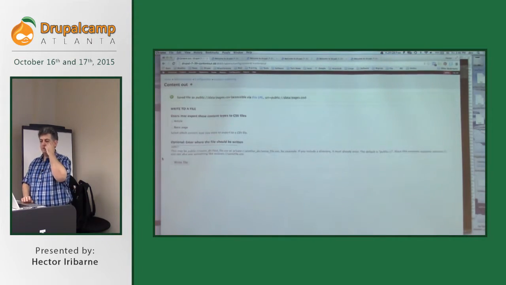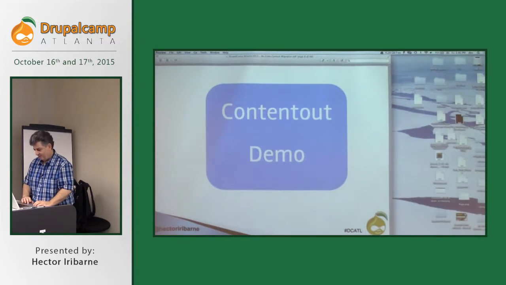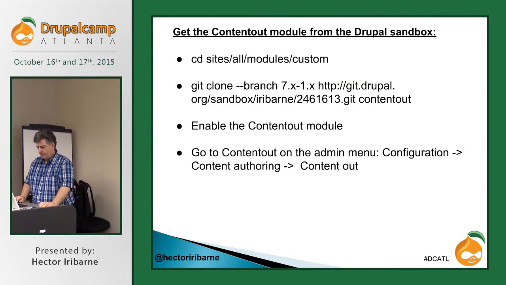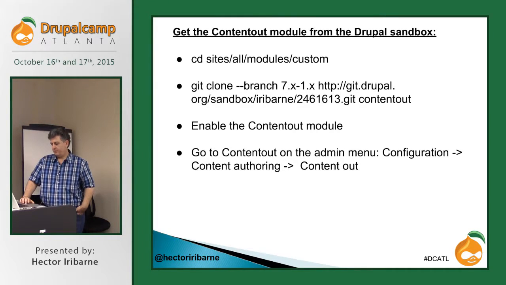They're on the server. Let me go back to the slides now. I was going to show you the other demo, but first, here's a screenshot of the things that I did. I created a basic Drupal 7 site. Here's how you pull in the code: you put this in on your command line, you pull in the content out module from the Drupal sandbox.